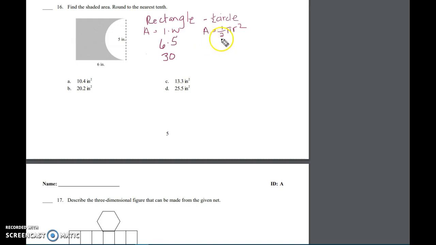And I have a 5 diameter. So if the diameter is equal to 5, then the radius is half that at 2.5. So that means my area is going to be half of pi times 2.5 squared. I think I'm going to have to pull up my calculator.